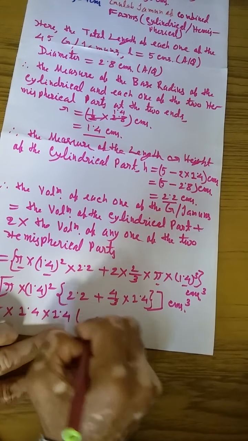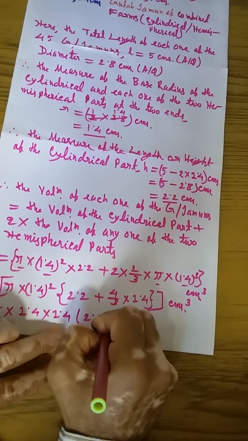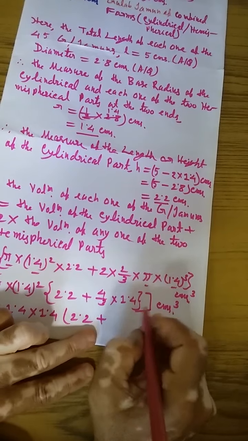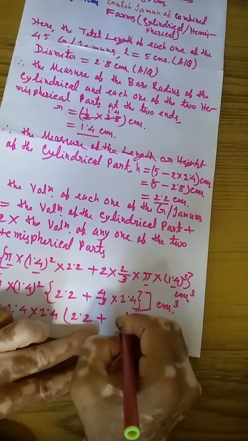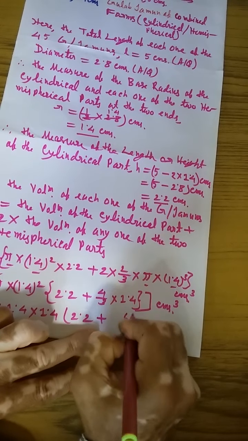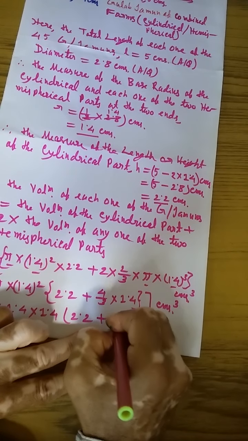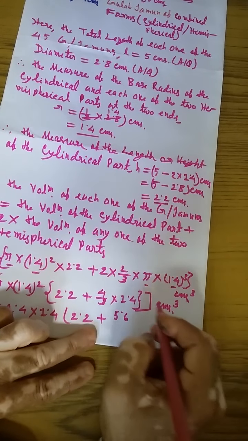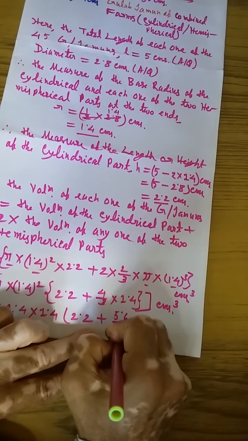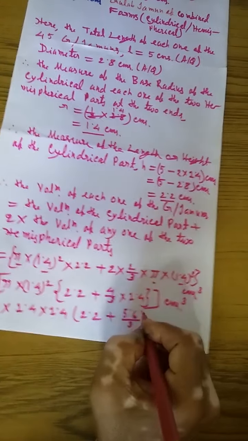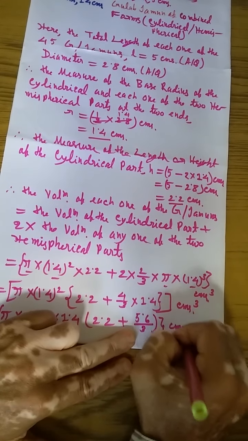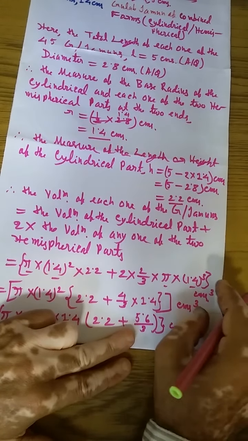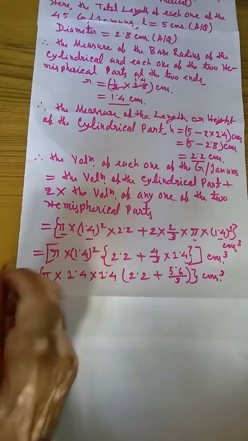Here we will write 2.2 plus, if we multiply 1.4 by 4, we will get 4 4 is 16, 4 1 is 4, plus 1 is 5, that means 5.6 by 3. So the unit will be centimeters cube.